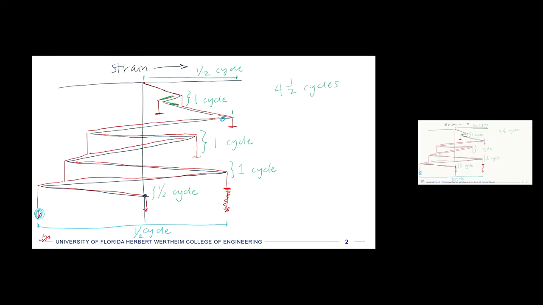Now, we can't use this as one block with a particular amplitude. But what we can do is isolate all of these cycles and then treat them all individually in sequence. So the first thing we have is the half cycle at the top. I'll draw some numbers of sequencing here. If we're going to put this in a damage accumulation model, first we have that phase at the top, and that has a certain amplitude.